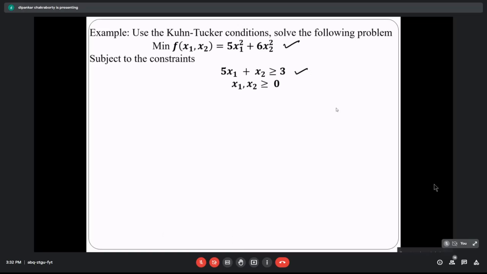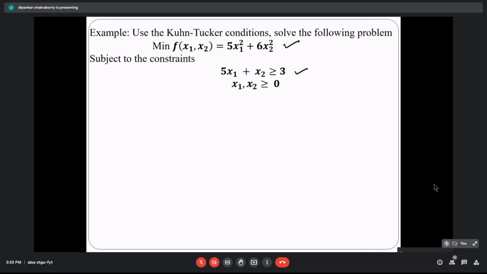But remember always that in the exam you may get some function in the constraint which is not a linear function. In that case you have to show by using the Hessian matrix whether it is concave, obviously for the standard minimization problem, and for the maximization problem you have to show it is convex.